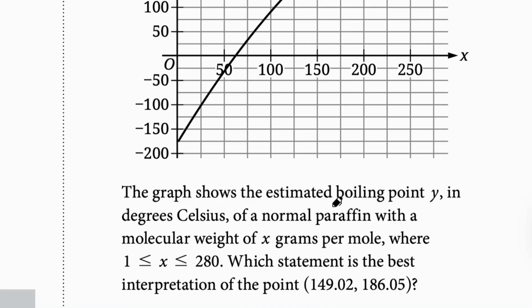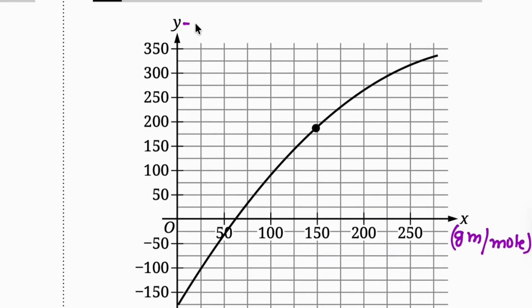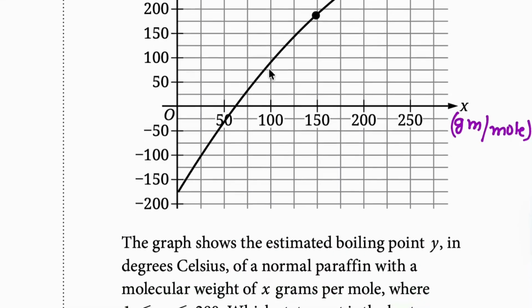Now that means y is the boiling point in degrees Celsius and x is the weight in gram per mole. So x is the gram per mole, that is the weight, and this y-axis is the boiling point.